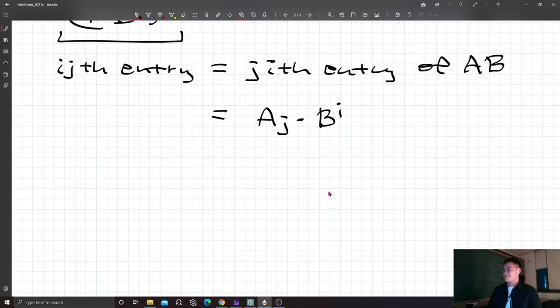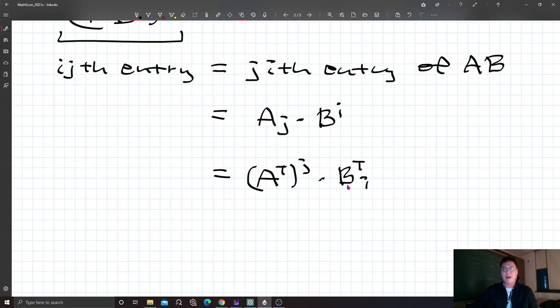Then using the transpose, I can rewrite this, because A sub j, the jth row vector, becomes the jth column vector in A's transpose, since in the transpose we change rows and columns. Similarly, we can rewrite B super i as the ith row vector of B transpose.